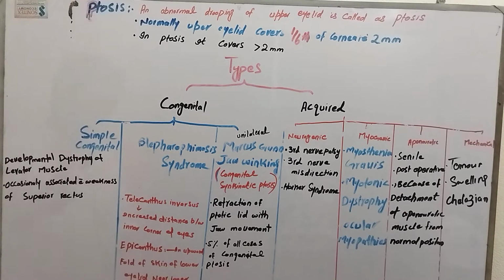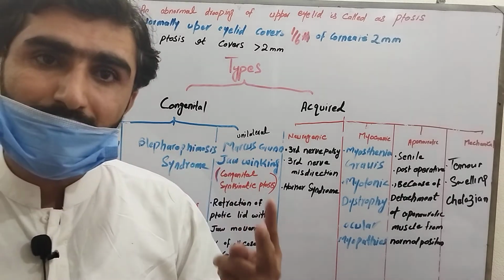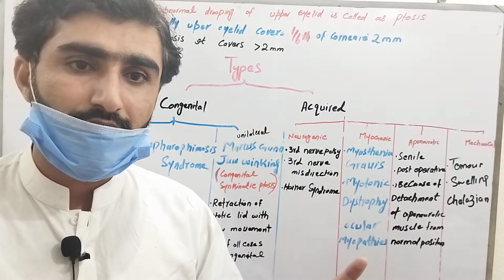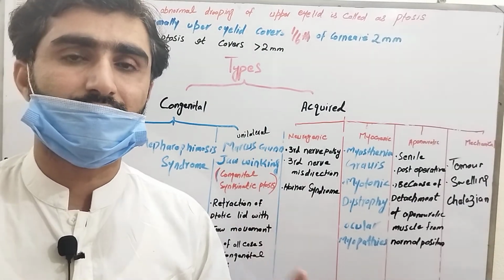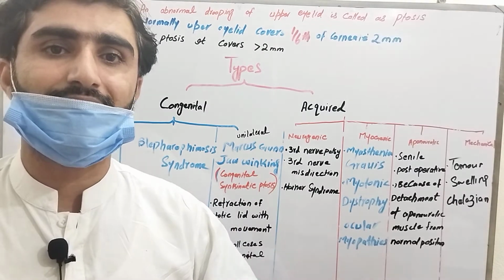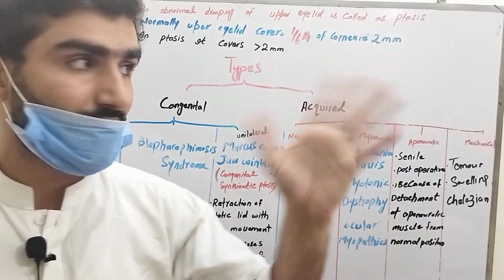Basically there are two muscles because of which we are able to lift our upper lid in the upward direction. Which are these two muscles? Levator palpebrae superioris and Muller's muscle.